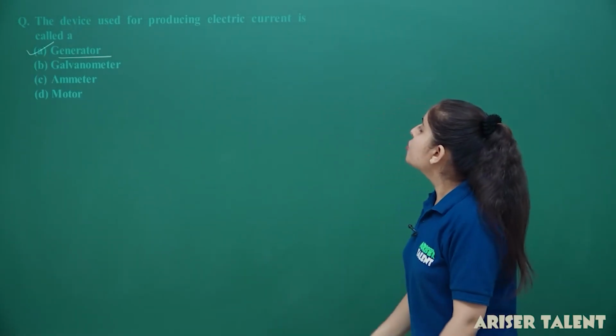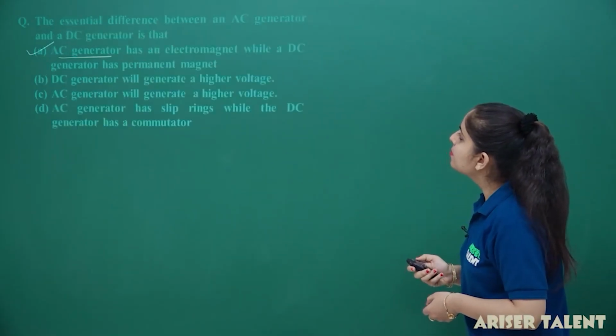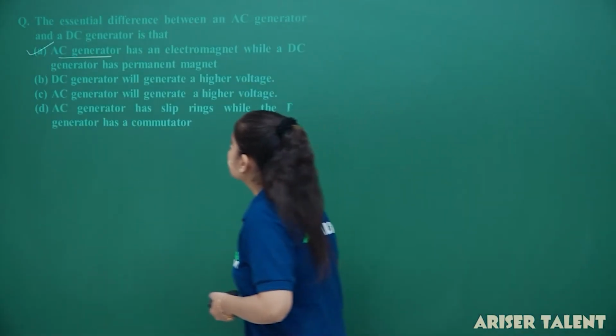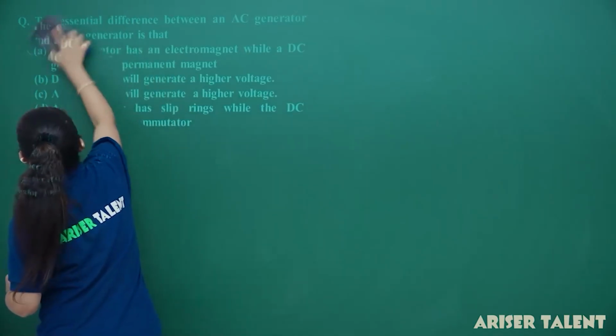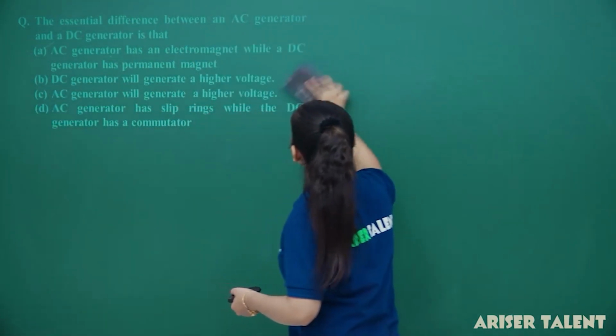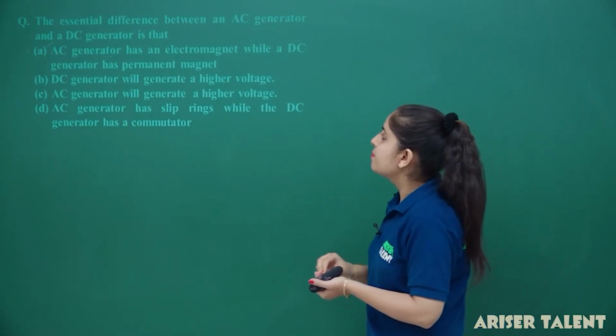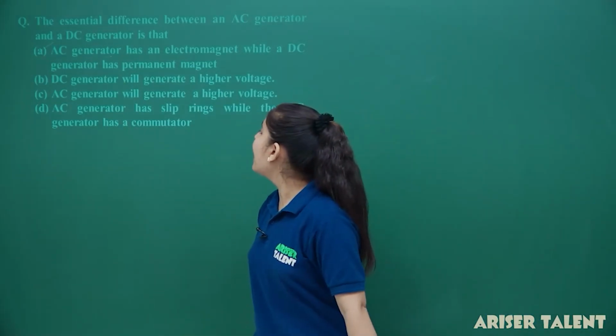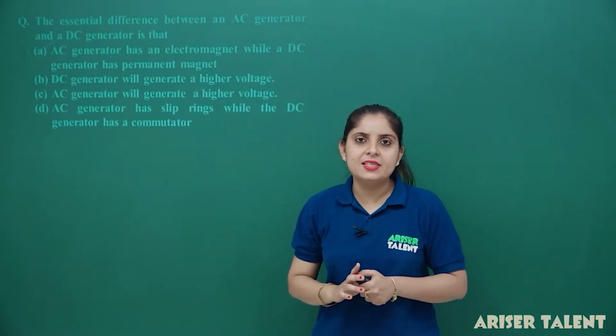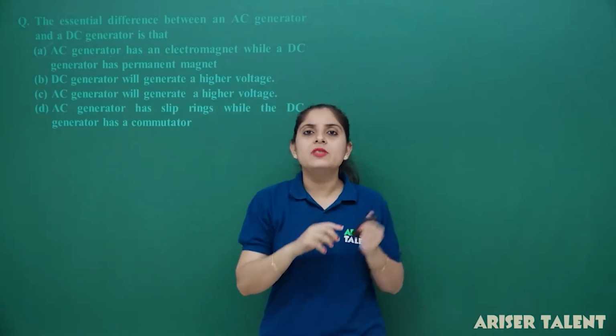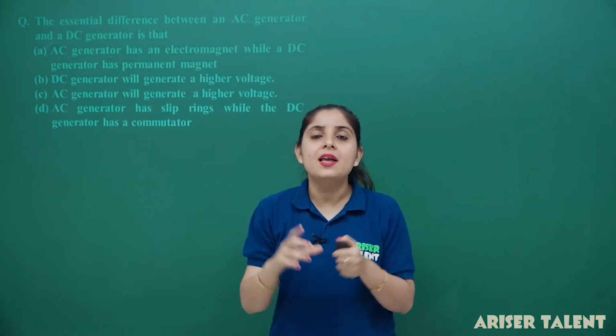Now the next question in this sequence is: the essential difference between AC and DC generator is. So you have to determine the difference between AC and DC generator. One difference we have seen is about the rings.